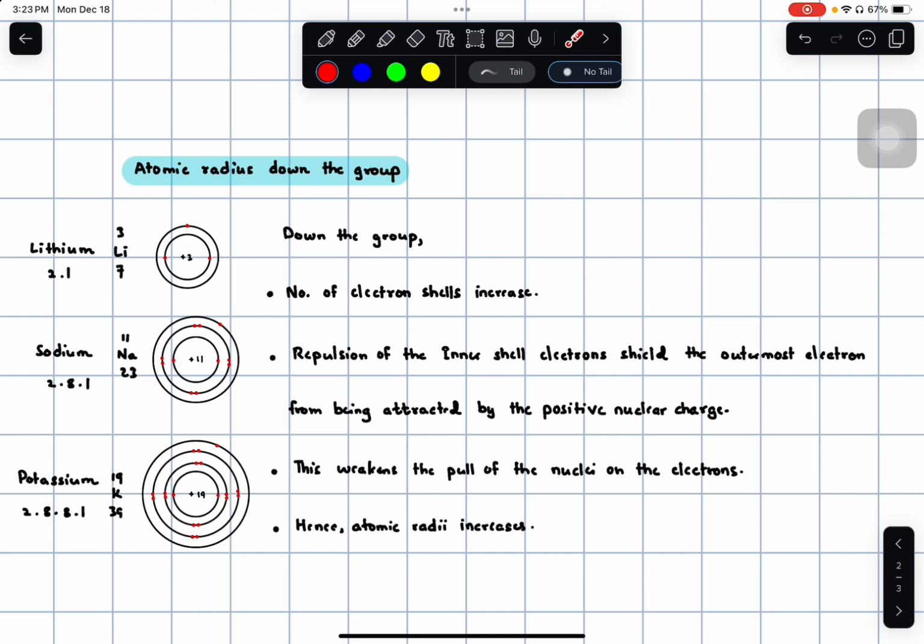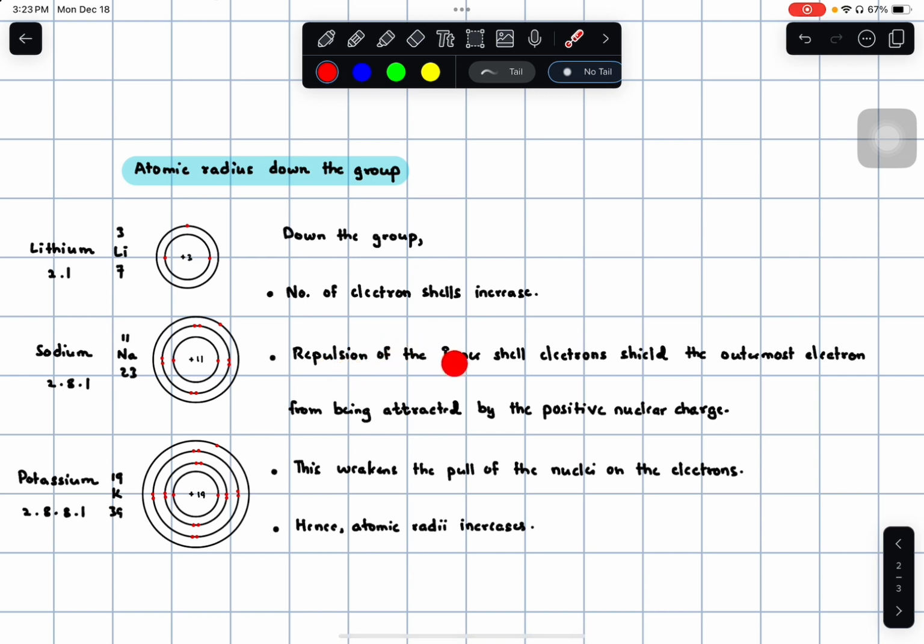electron shells. And what will happen in that case is when you have more electron shells between your positive nuclear charge and the outermost electron, the electrons in the inner shells, because they're all like charge, are going to have what we call repulsion.